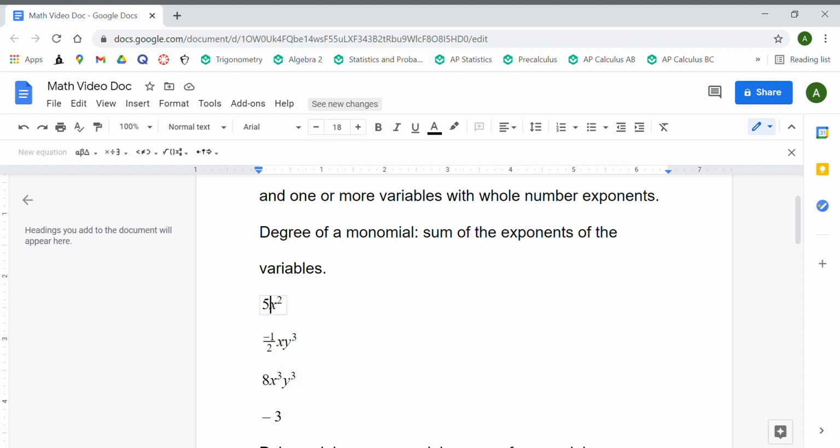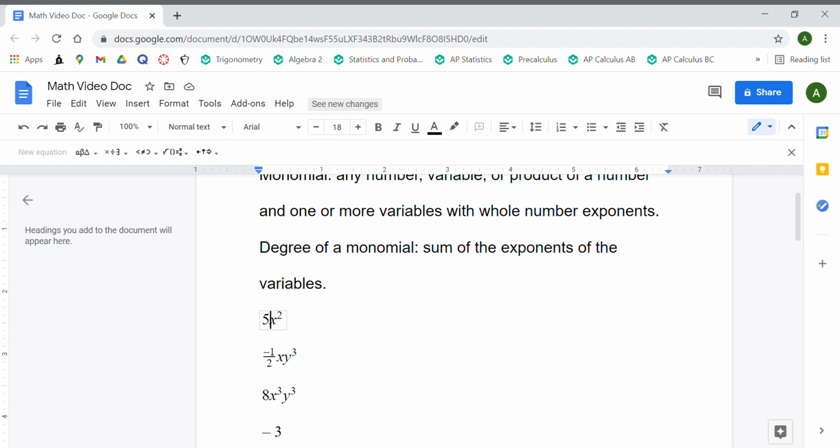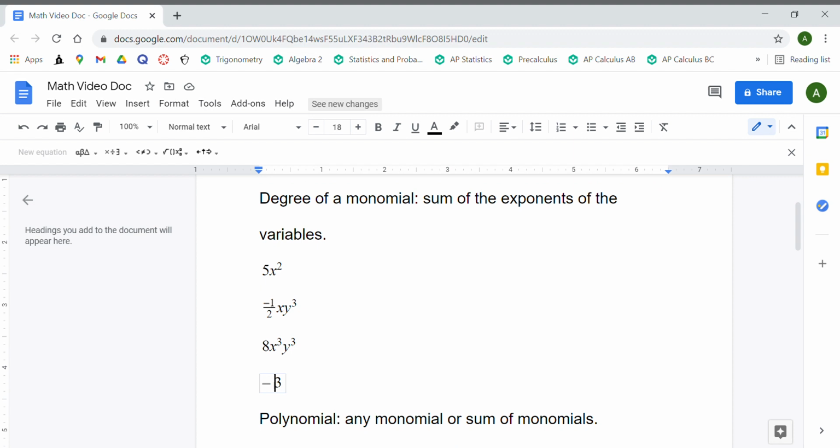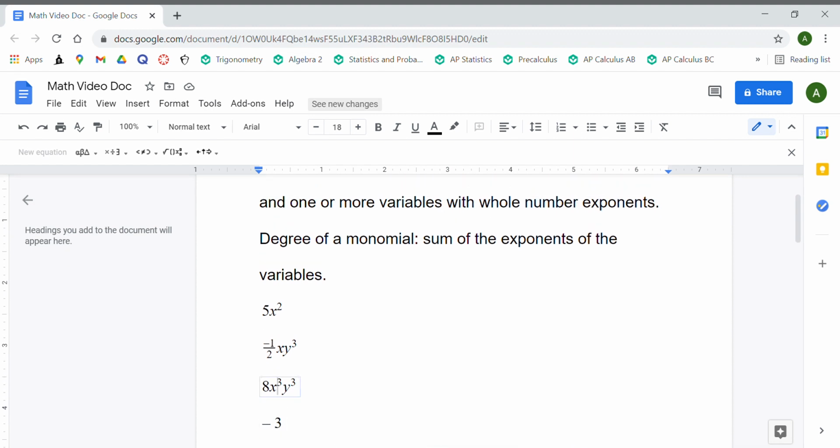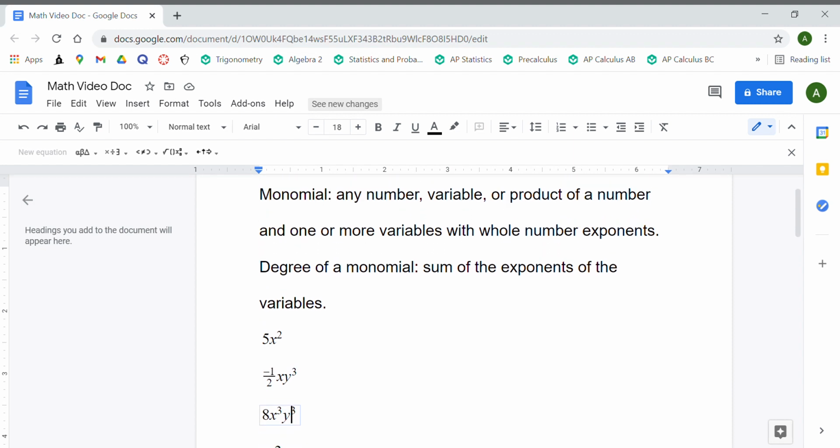They got coefficients, they got variables, one's a constant, all the exponents here are whole number exponents. Alright? And then the degree of a monomial is the sum of the exponents of the variables.